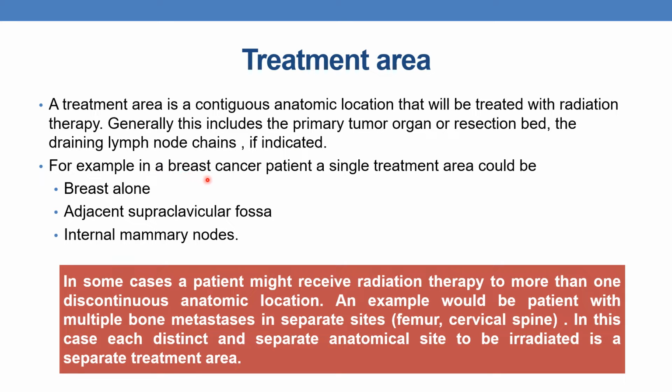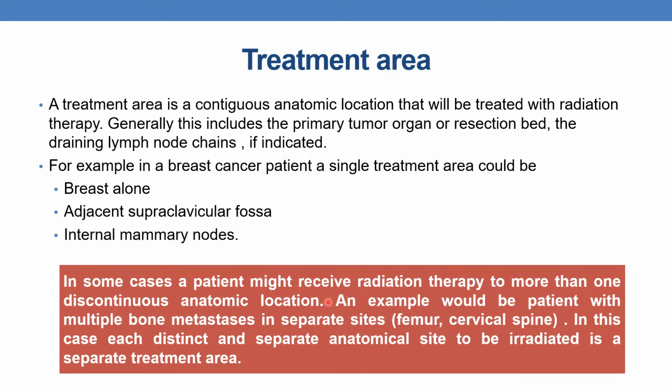For example, in a breast cancer patient, a single treatment area could be the breast alone, which is the tumor organ, or the adjacent supraclavicular fossa, which is the resection bed, or the internal mammary nodes, which are the draining lymph node chains. Any of these locations can be a single treatment area.